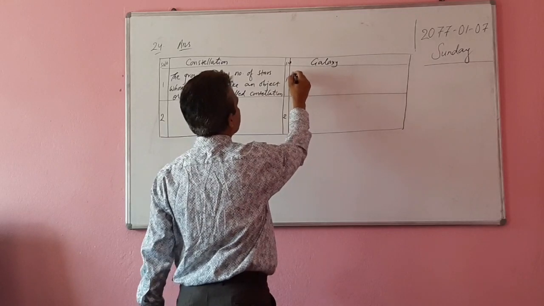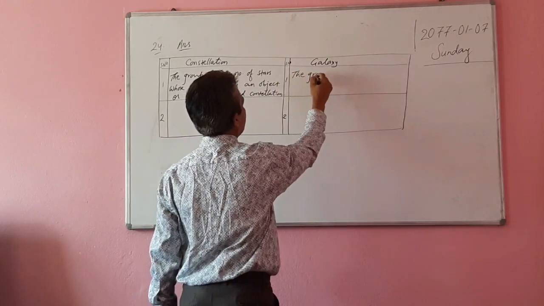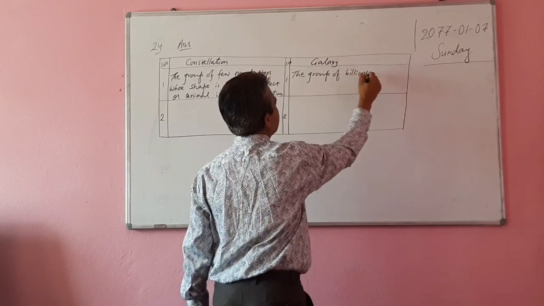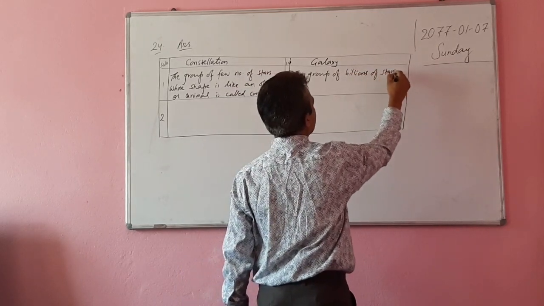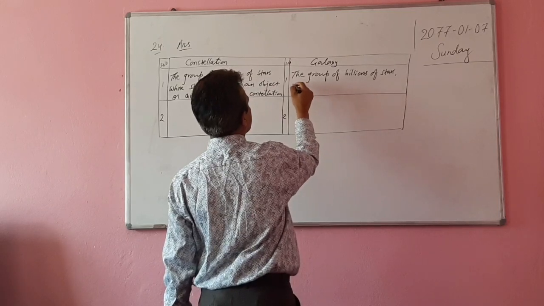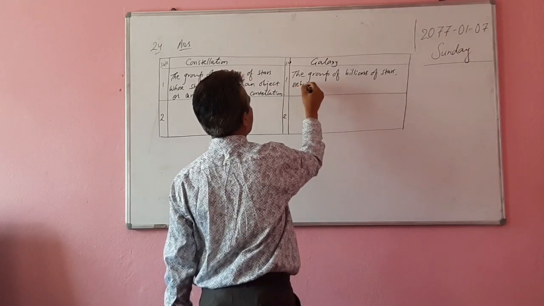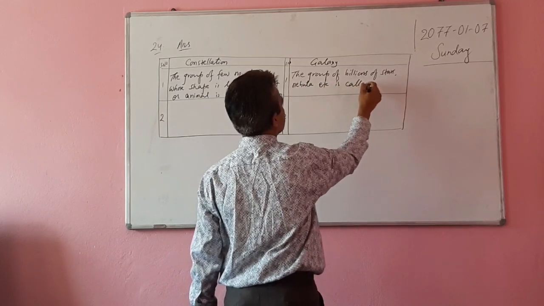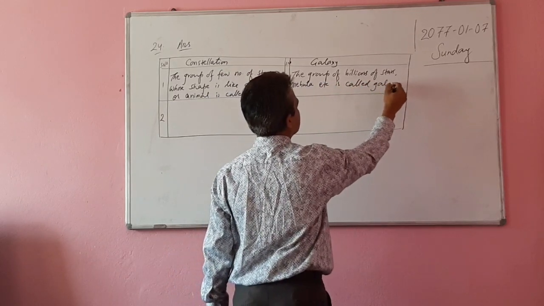Galaxy: the group of billions of stars, nebula, etc. is called a galaxy.